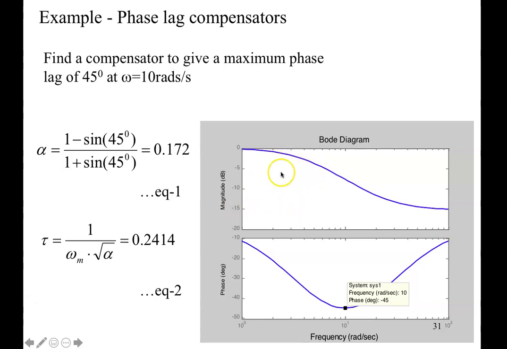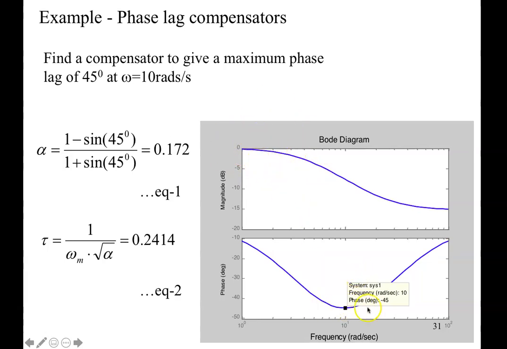If you look at this diagram for this particular example, you can see the magnitude varies with frequency. At lower frequency it's higher, at higher frequency it's lower. So it's really trying to use this to increase the lower frequency gain.